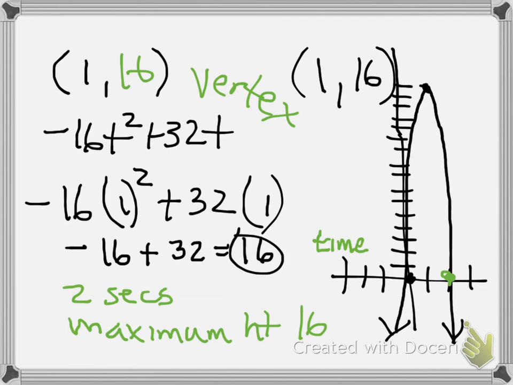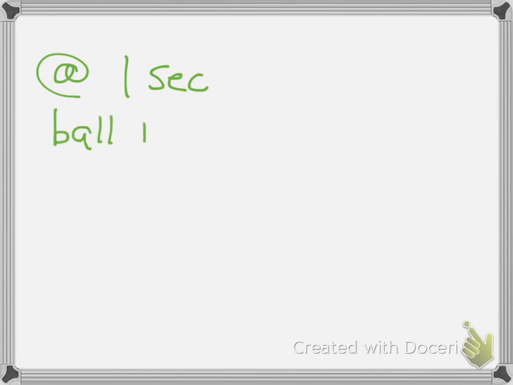The other question was, what does a vertex mean? The vertex means it's the point where it goes from increasing to decreasing, or it means at 1 second, the ball is 16 feet high.